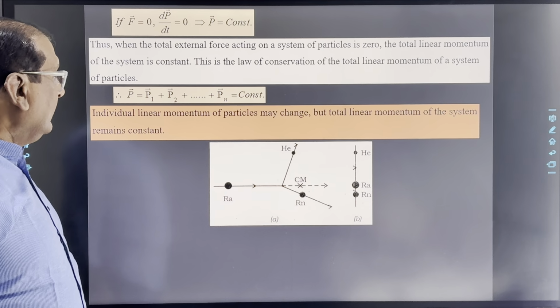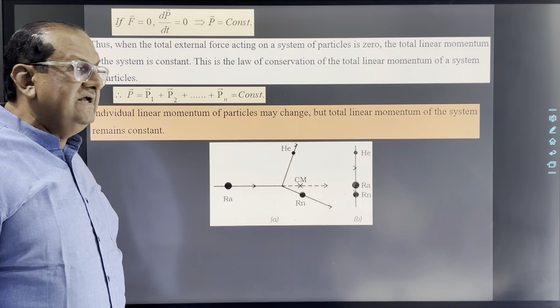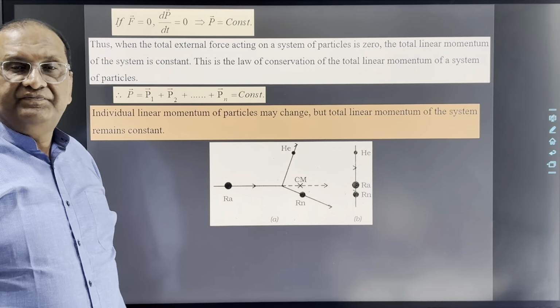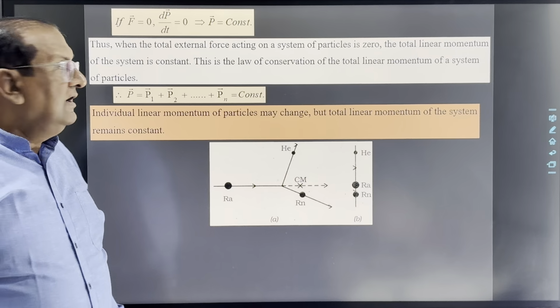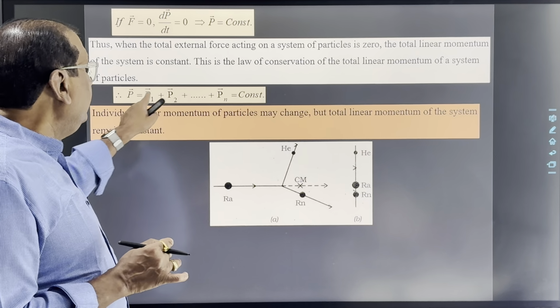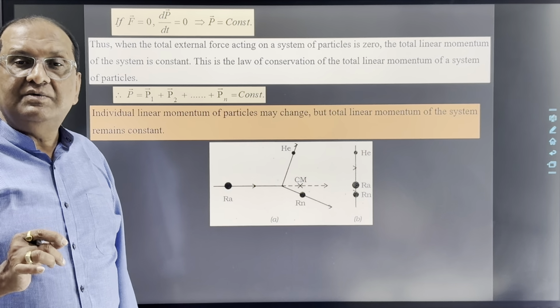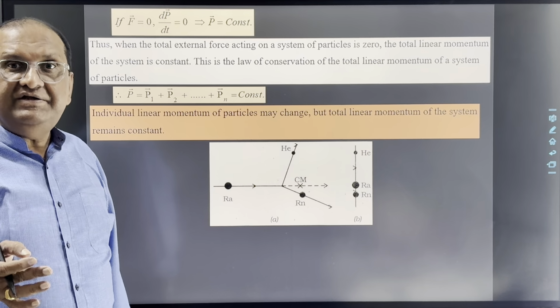Now see, you can understand this thing easily. If resultant external force is 0, then total linear momentum remains constant, while the individual linear momentum of the constituent particles may change.